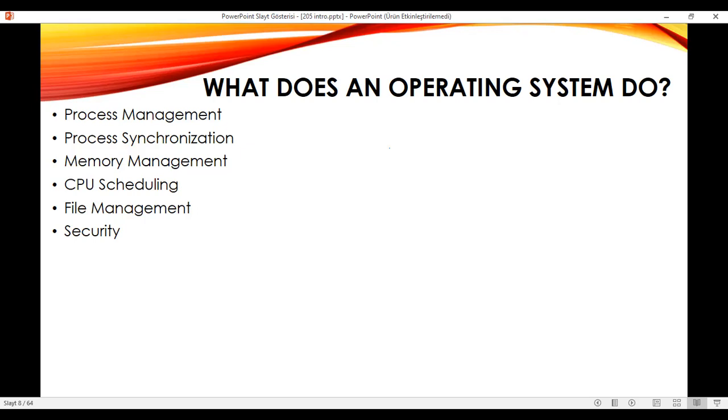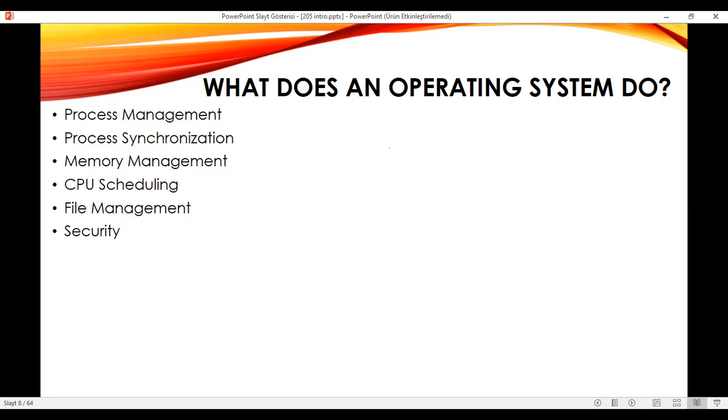So when it is loaded into RAM, that program becomes a process, because a process is a program in execution.